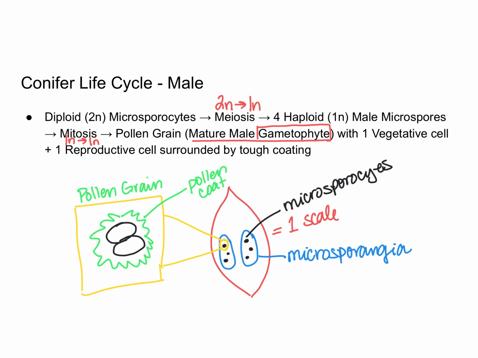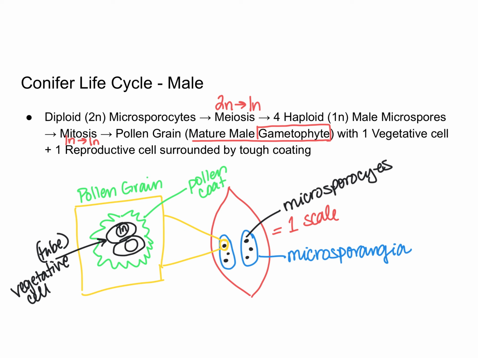And each cell has a haploid nucleus in it. Now, one cell is going to be called the vegetative cell, which is also sometimes called the tube cell, because it is ultimately going to form the pollen tube when pollination happens.